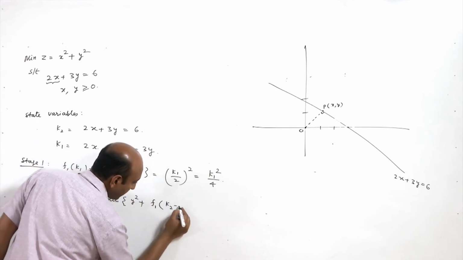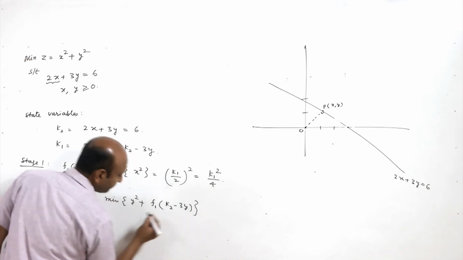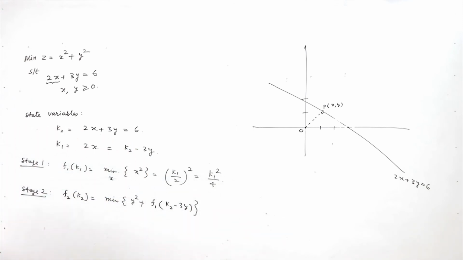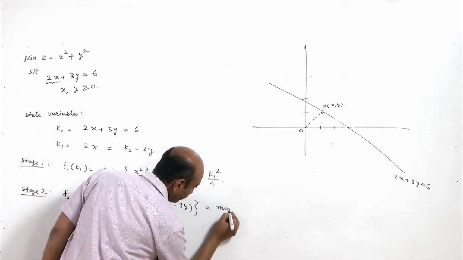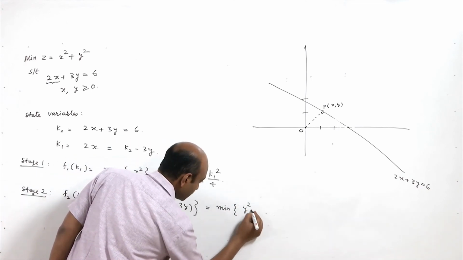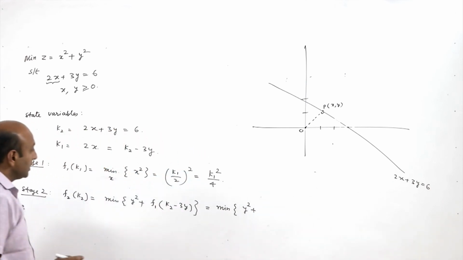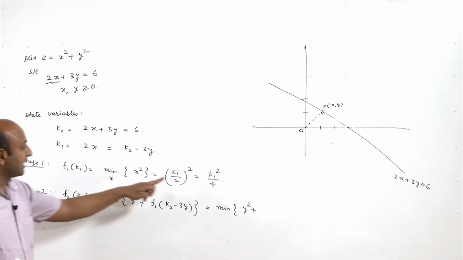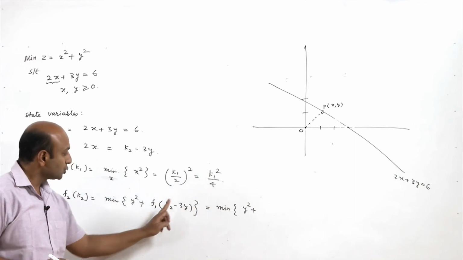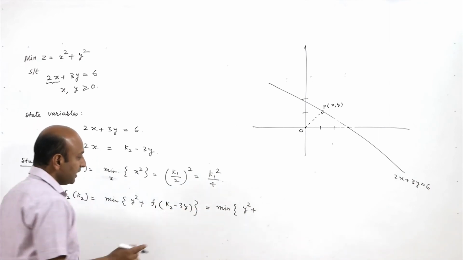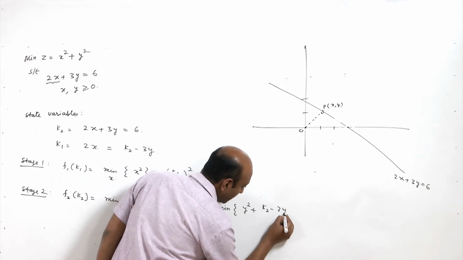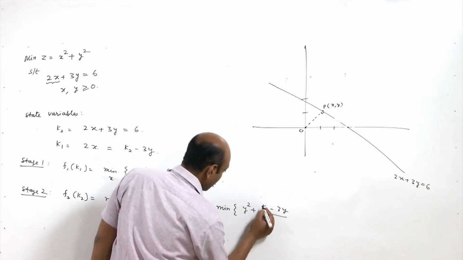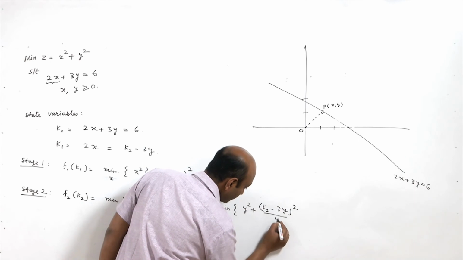Further it equals the minimum of y square plus k2 minus 3y whole square upon 4.